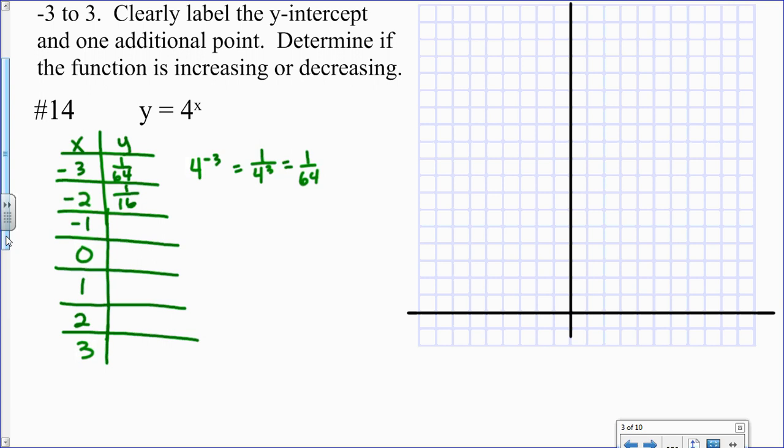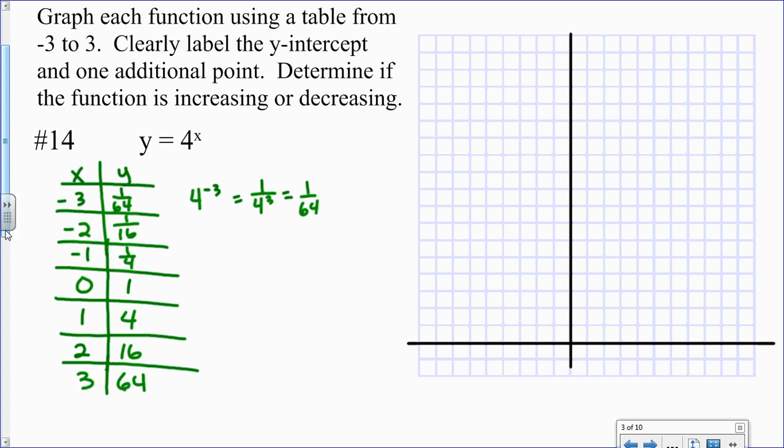And then 4 to the -1, 1/4. Okay, 4 to the 0 is 1. 4 to the 1st, 4 squared. And then 4 cubed is 64. Okay, so when I go to graph this, I'm not going to graph the 64 because it just really does not fit very well in my graph.